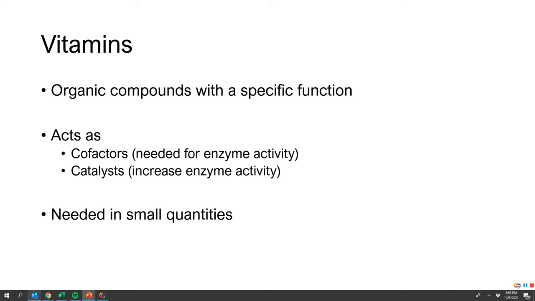Some examples of a cofactor, one that I talk about in 220, is that in order for blood clotting to occur, you actually need vitamin K and you need calcium. Vitamin K actually starts the clotting process, but it won't work unless you've got calcium. Calcium is kind of what is needed to make this reaction go.